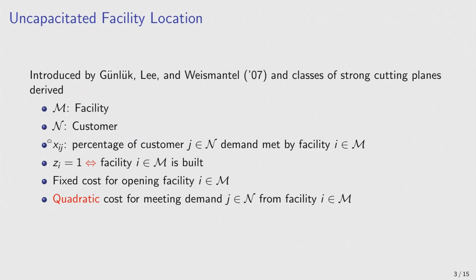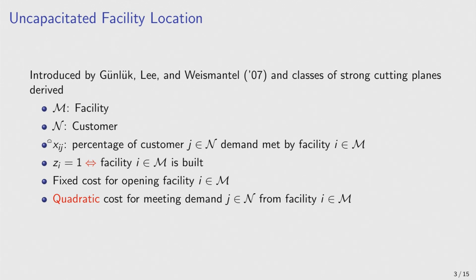So this is a problem that was chosen by a group of mathematicians because it allows strong cutting planes to be derived. The problem here is that you have a set of facilities, M, and a set of customers, N, and the customers can be supplied from different facilities, and the percentage of customer J's demand that's met by facility I is Xij.